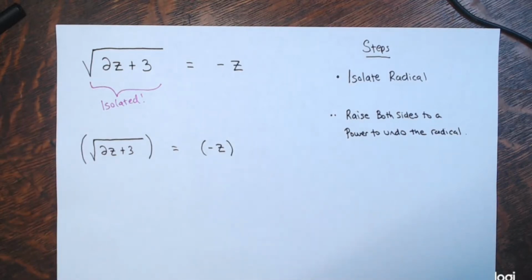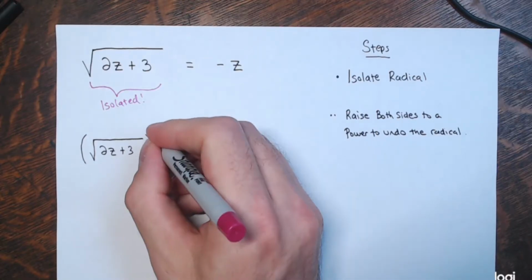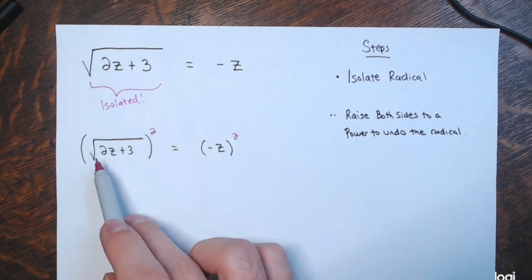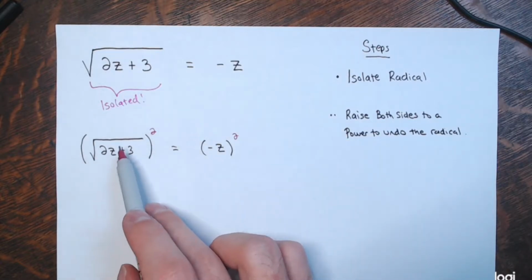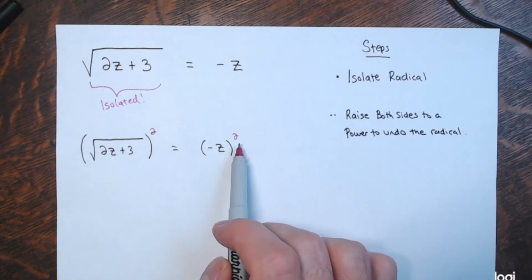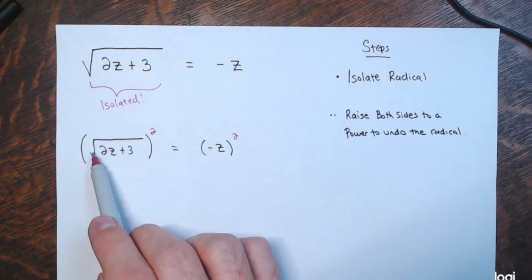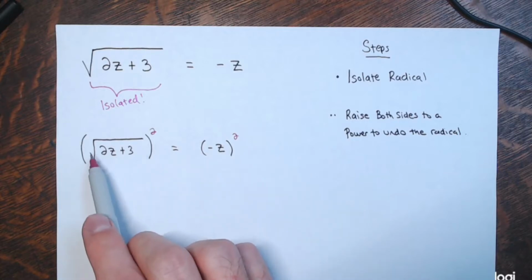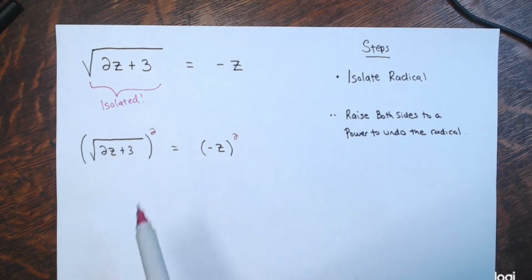This is a square root, so I'm going to raise both sides to the second power. If this were a cube root, I'd raise both sides to the third power. If it were a fourth root, I'd raise both sides to the fourth power, but it is a square root. So to undo it, raise both sides to the second power.